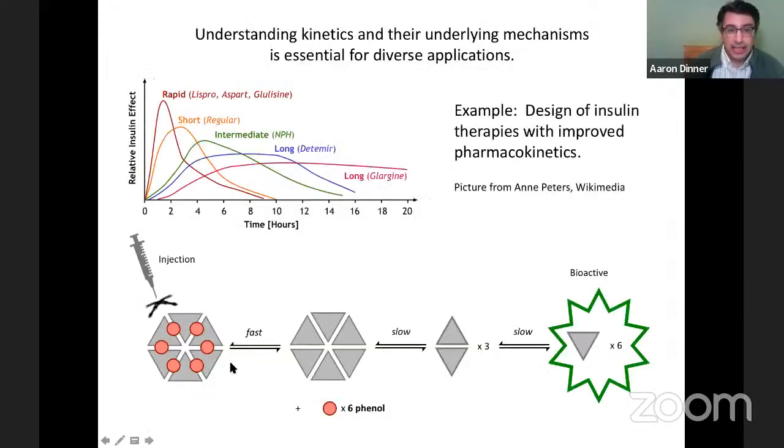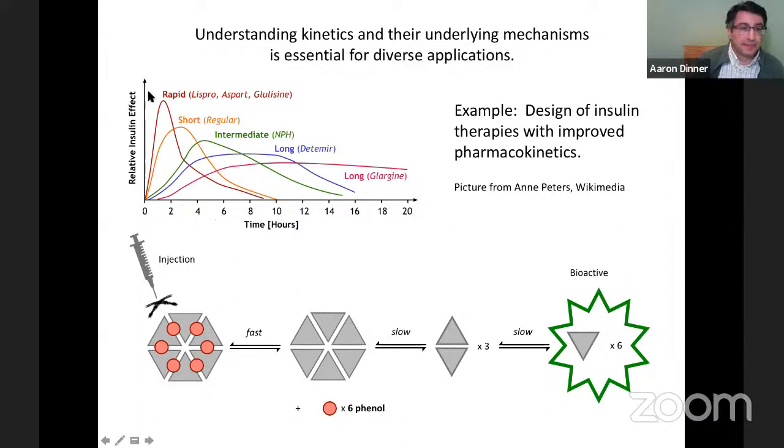Okay, so kinetics are important, and just to give you one example, a system that I'm going to show you some results for later, there's tremendous interest in being able to design insulin therapies with particular pharmacokinetics.